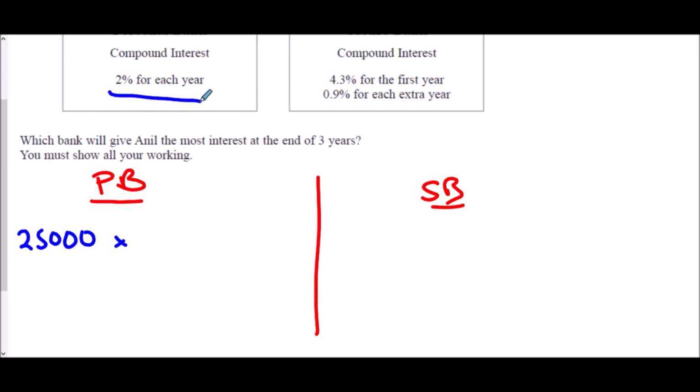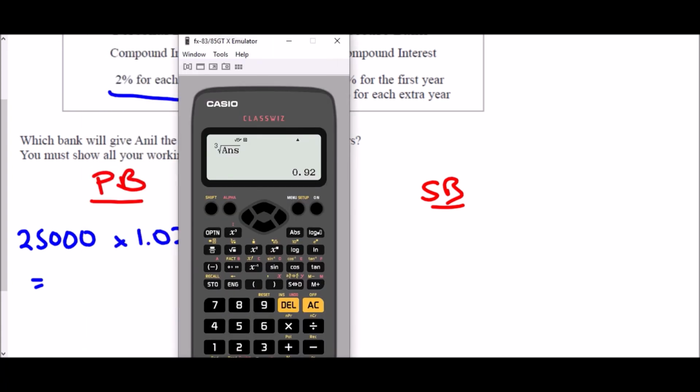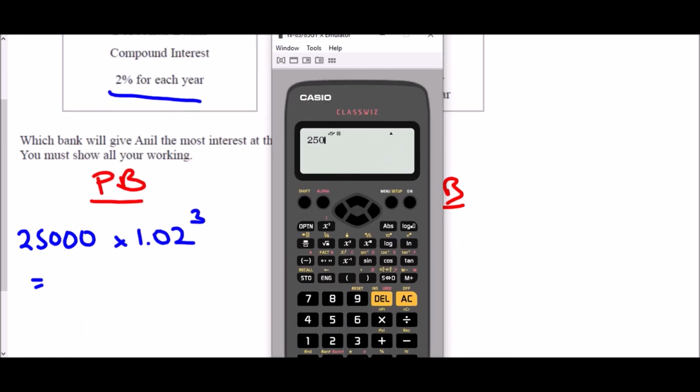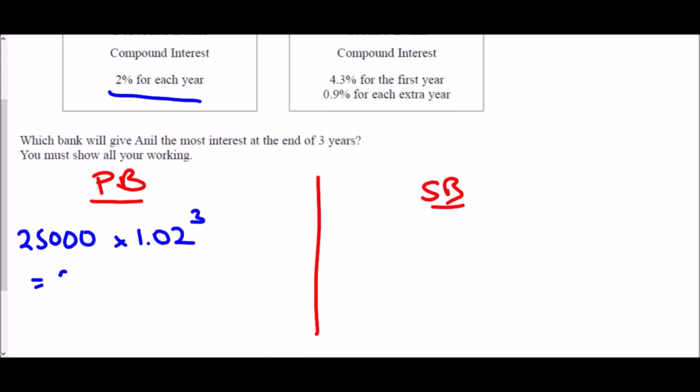So he's getting 2% extra, so that's going to be 1.02, and he's holding it for 3 years, so we're going to raise it to the power of 3. All I'm going to do is type that straight into my calculator. So 25,000 times 1.02 cubed, and that is 26530.20.